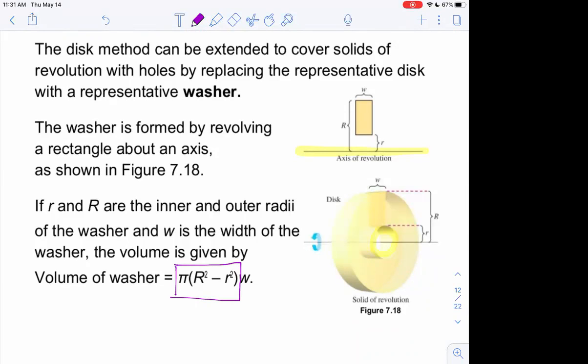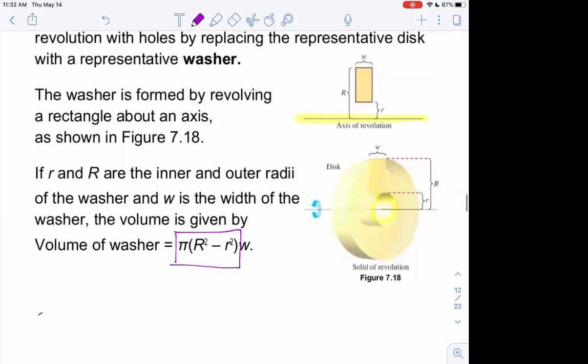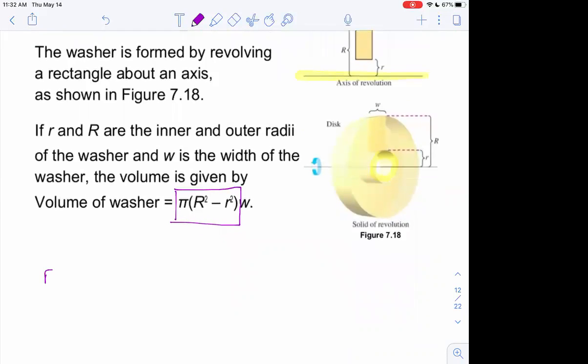Now I want to clarify a couple things about the inner and outer radius before we move on to some practice problems, okay? So little r is what we call the inner radius, okay? It is determined by the curve closest to the axis of revolution, okay?